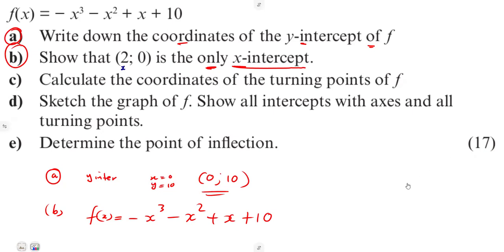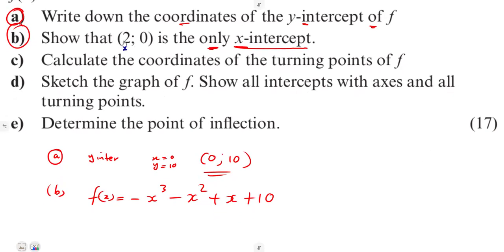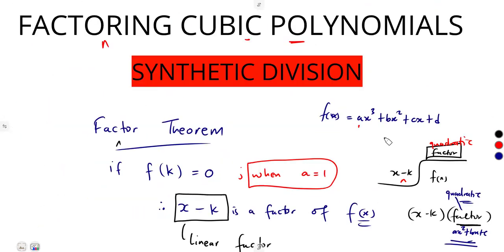All right, let's start first because already they've told us that for this value of x, where x is 2, that's the only x-intercept. So guys, it simply means they have actually made our calculations easier in terms of determining the first factor, which is our first linear factor. All right, let's go back so that you understand me.